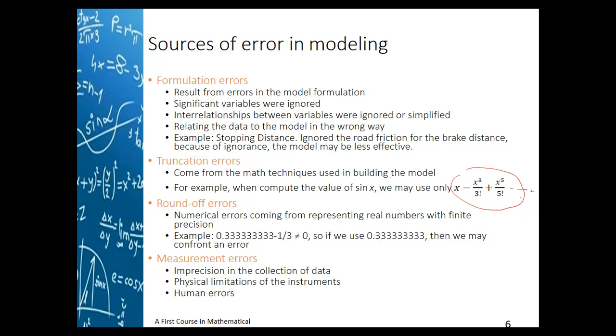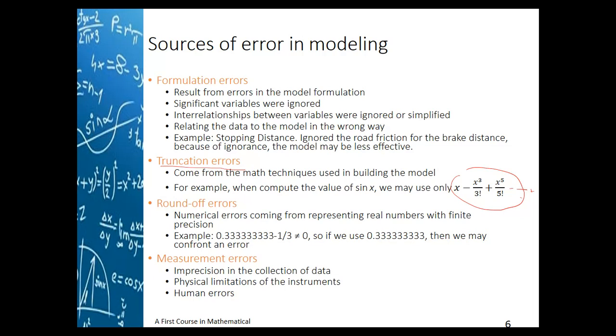You have another x to the power of 7, to the power of 9, and so on. You just simply ignore it, assuming that it does not affect your model assumptions. You will get the valuation, yes, but you need to consider the truncation error.